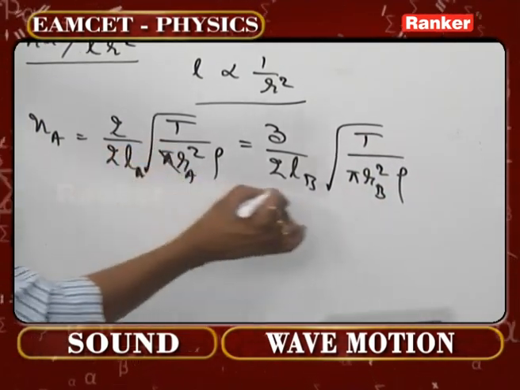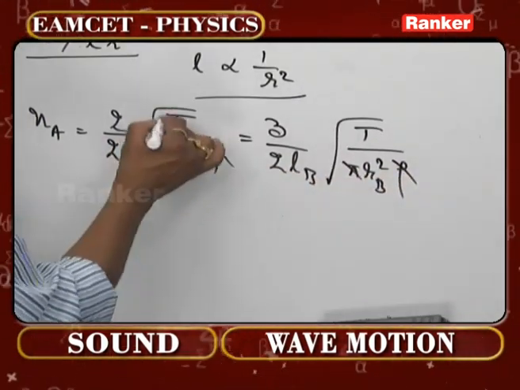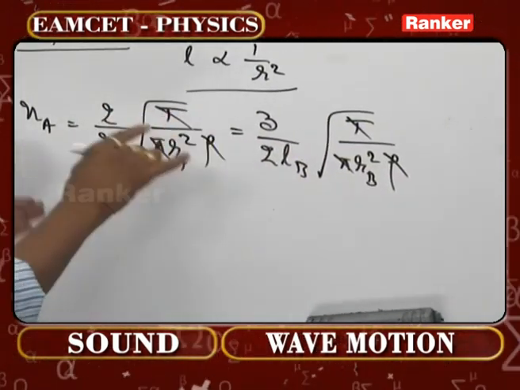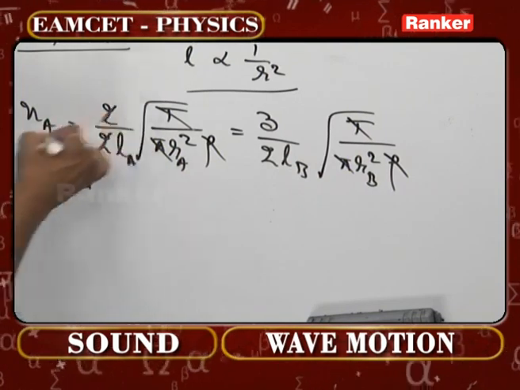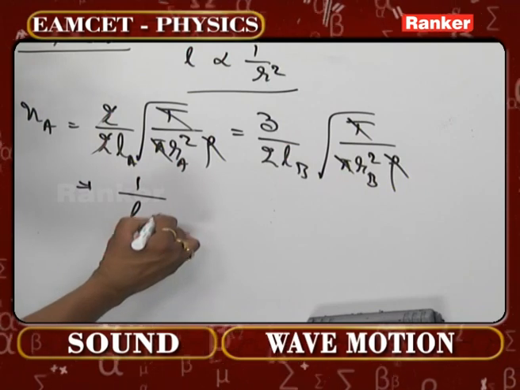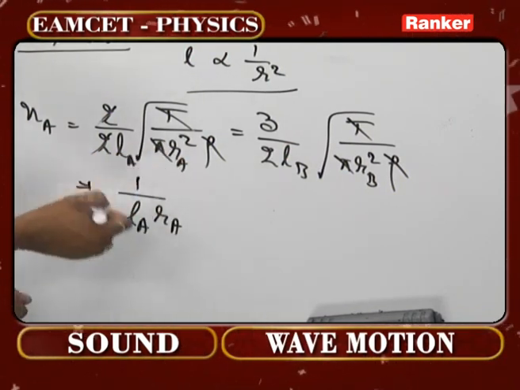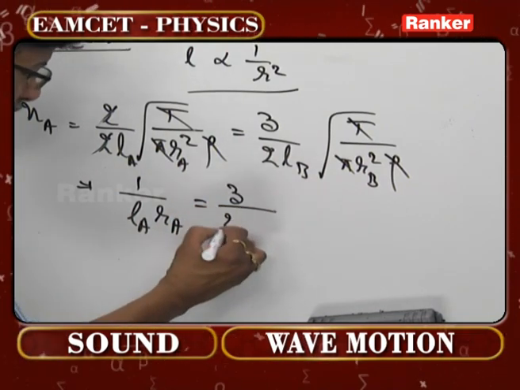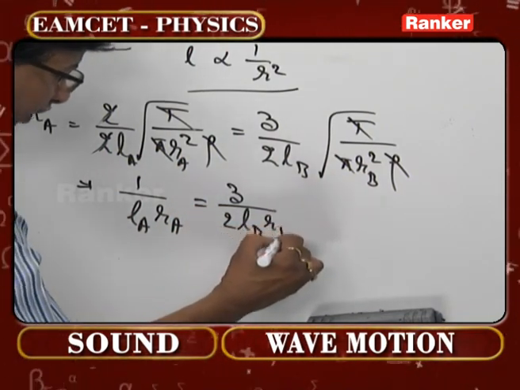Now you can cut pi on both sides, rho on both sides, T on both sides. Everything gets cancelled. What is now left? The 2 also you can cancel. 1 by La Ra, because Ra square under root coming out becomes Ra, is equal to 3 by 2 Lb Rb.